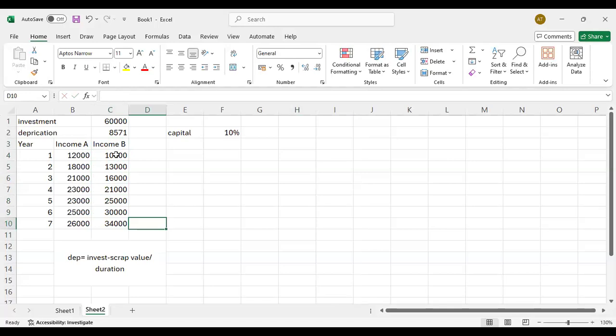So we have two projects. We have depreciation, and we need to find out which is good.